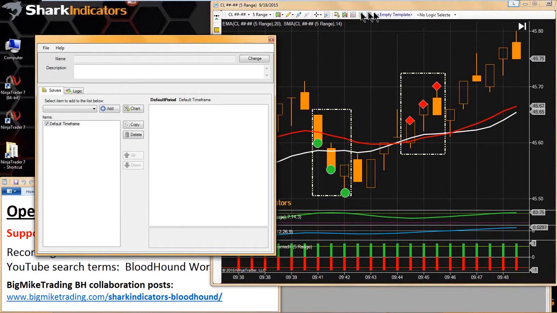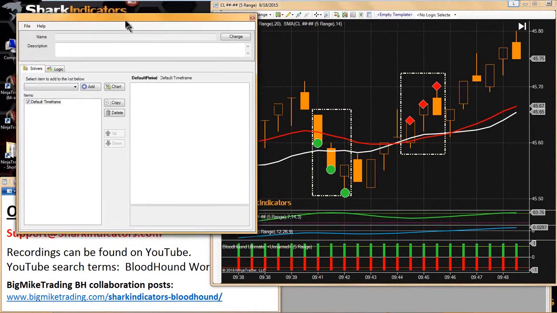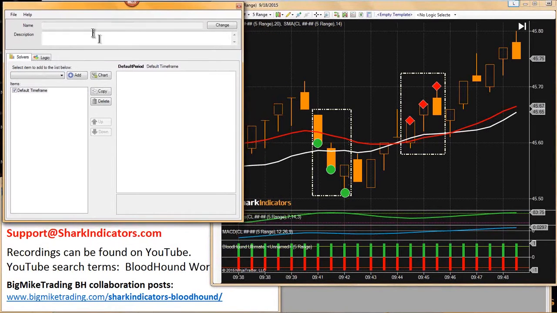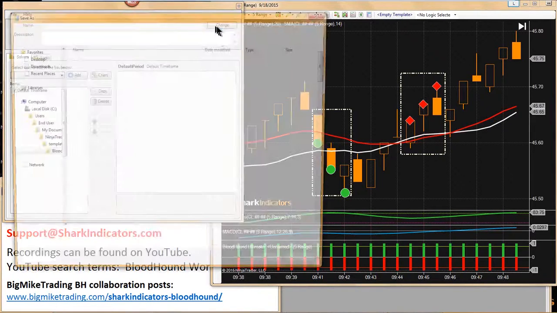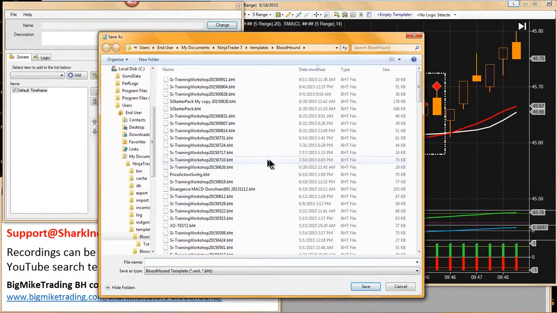If we click this button here, it's going to open up BloodHound. The first thing you'll want to do is give your system a name, creating a file name so that BloodHound can save your work to that file. I'm just going to use last week's BloodHound file and change the date on that file name.